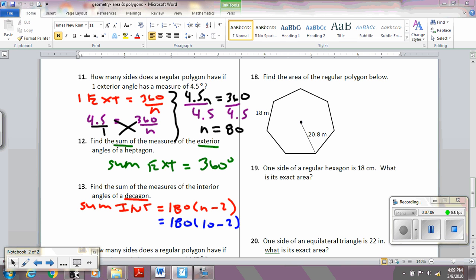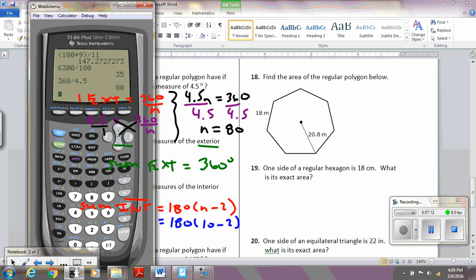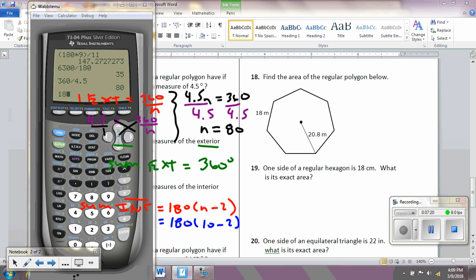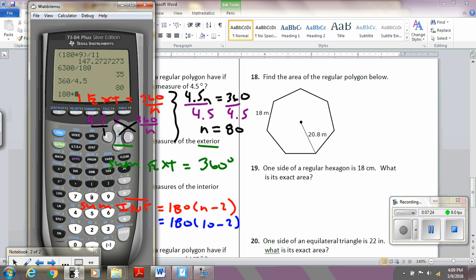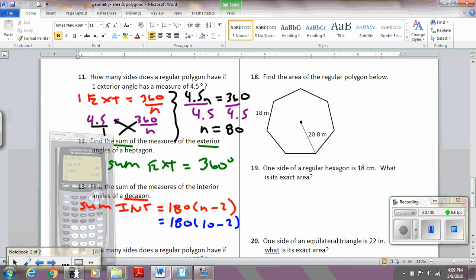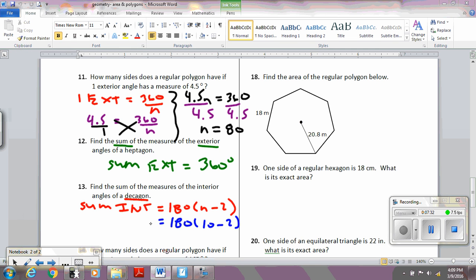And now grab our calculator and multiply 180 times 8, because 10 minus 2 is 8. And you get 1,440. So the sum will be 1,440 degrees.